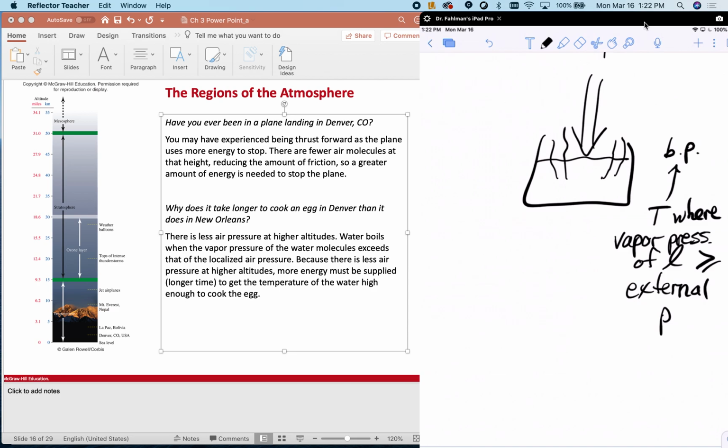Since at higher altitudes you have a lower atmospheric pressure, you don't need as high a temperature for the molecules of water to escape, and so water will boil at a lower temperature. If you're cooking foods at higher elevations, you have to cook them for longer because your water temperature is not so high.